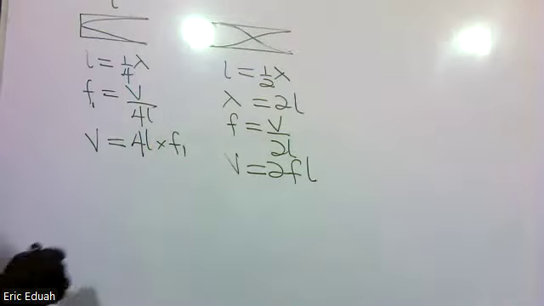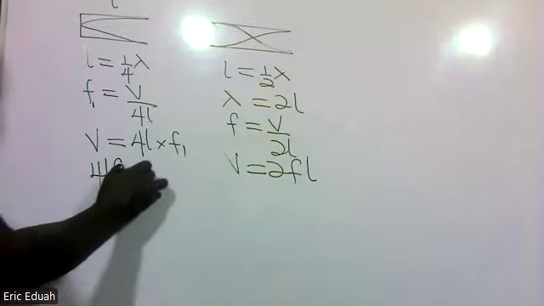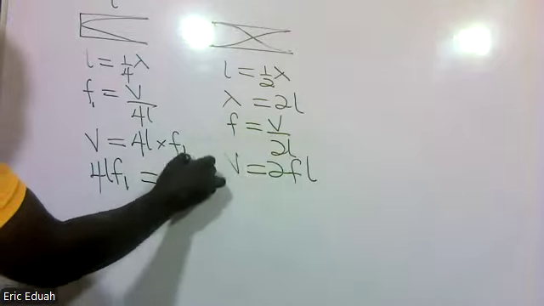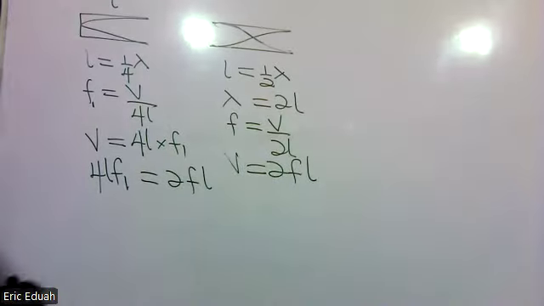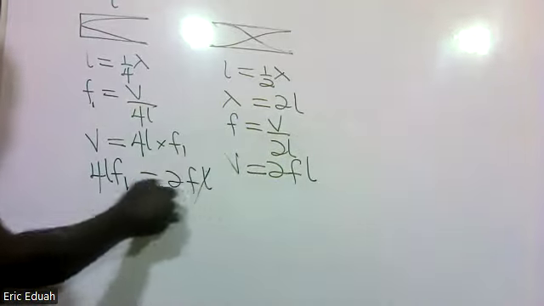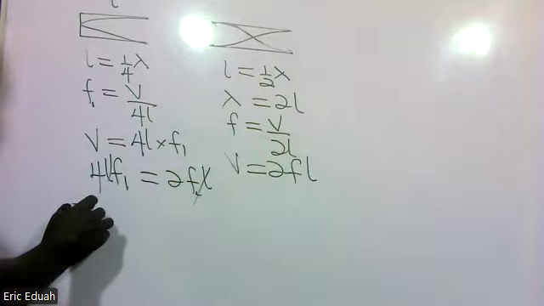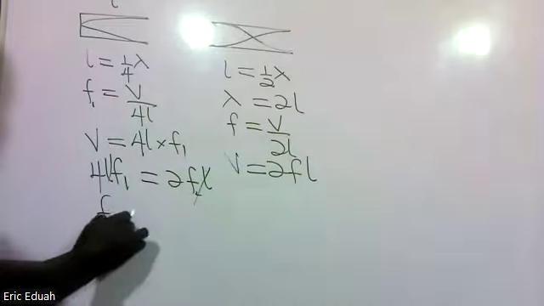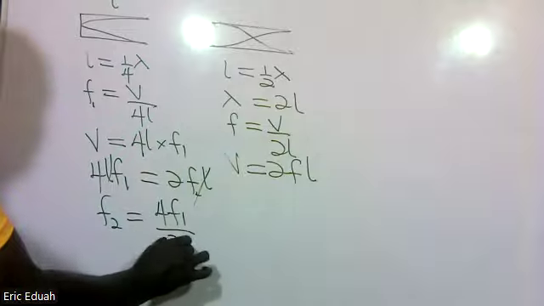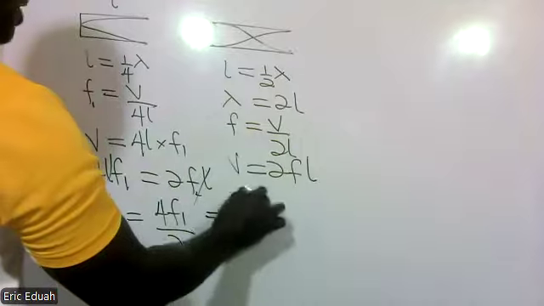So if we equate both, because it's the same length of the tube, L will cancel out, and F2 will be equal to 4F1 over 2. Therefore, this will be 2F1.